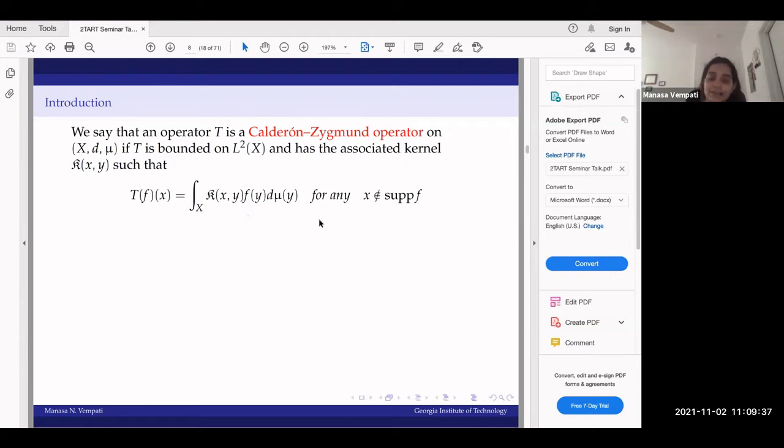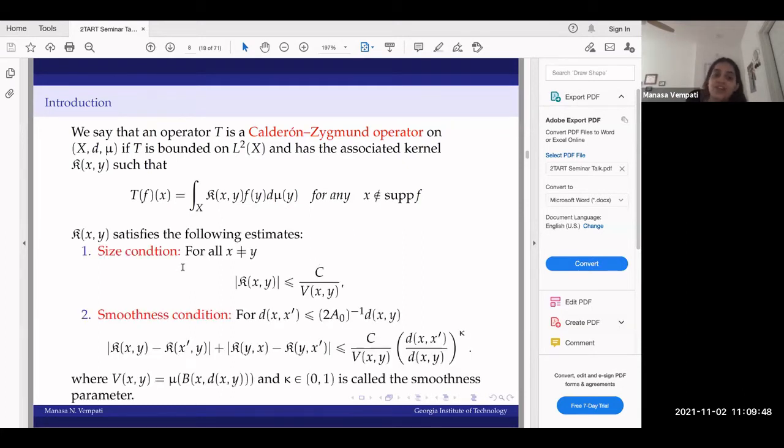And this definition is true for all x that do not lie in the support of f. Along with that, we also want our kernel to satisfy the Calderon-Zygmund kernel properties, which include the size condition and the smoothness condition. The size condition holds for all x not equal to y, where you have a bound for the absolute value of the kernel. And this bound is given as c over V(x, y). I'm going to tell you in a minute what V(x, y) is.